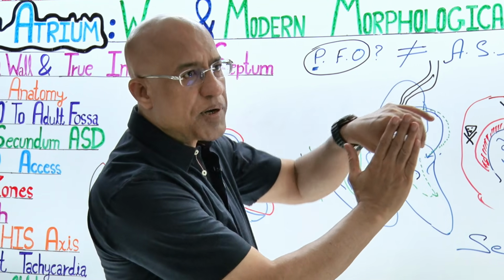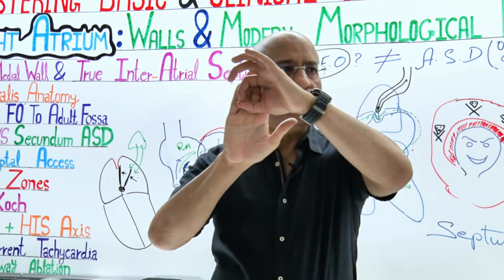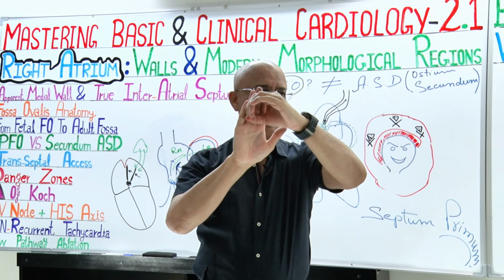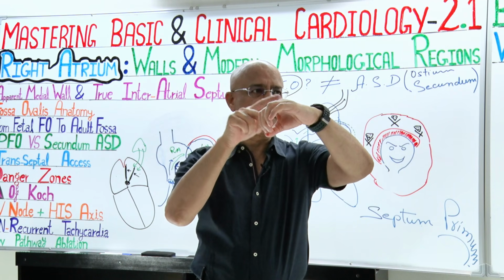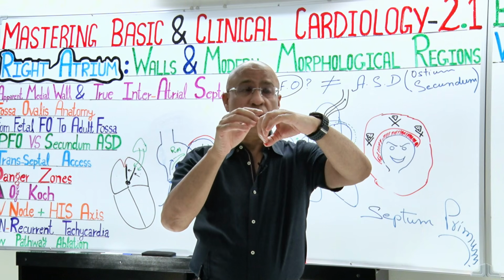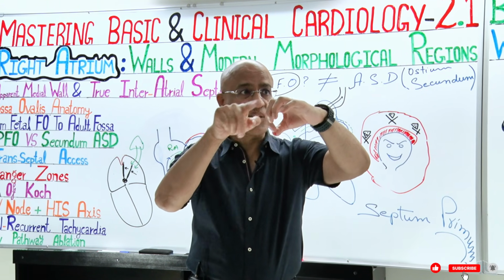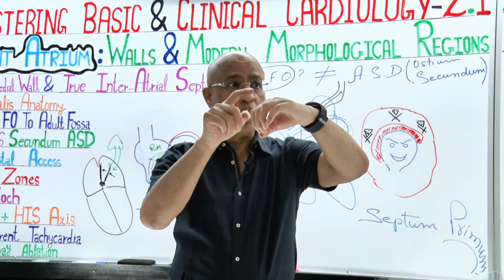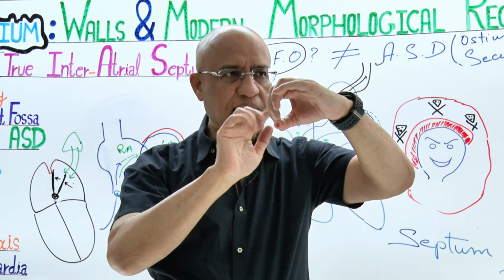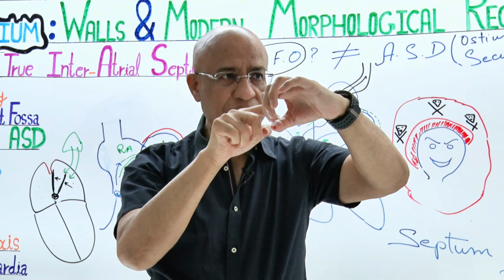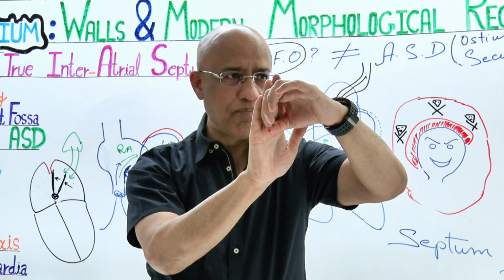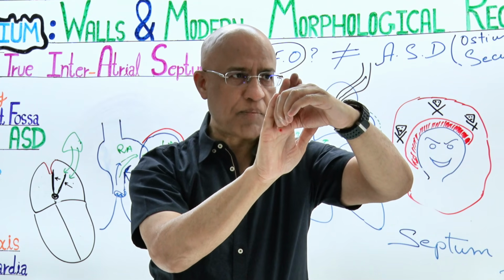And what has happened is that if you look from the medial side, this was what? Septum primum, and this margin is the limbus, and here is the septum primum.